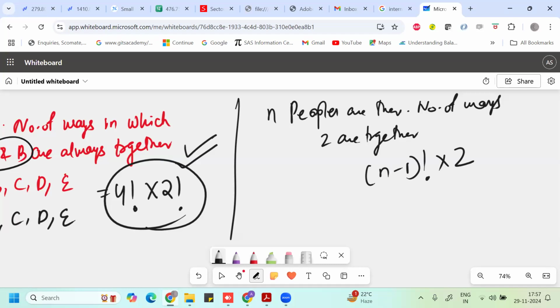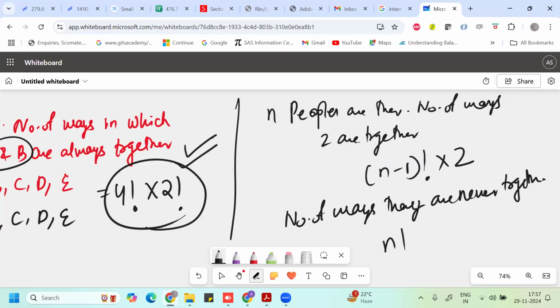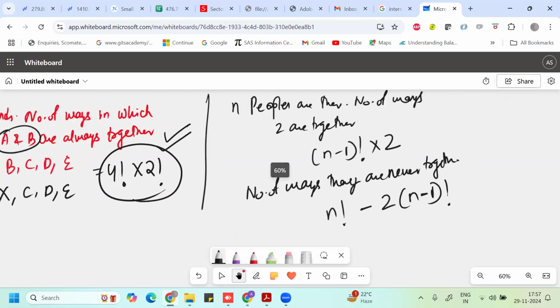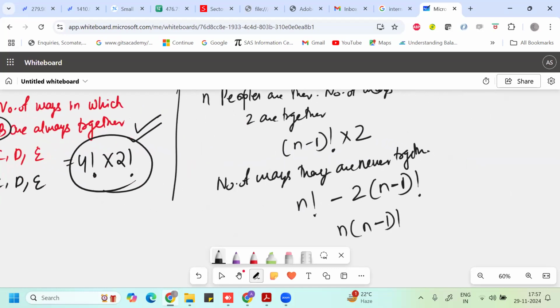The number of ways they are never together is n factorial minus 2 into n minus 1 factorial, which means total minus always together. Writing n factorial as n into n minus 1 factorial, and taking n minus 1 factorial common, you are left with n minus 2.